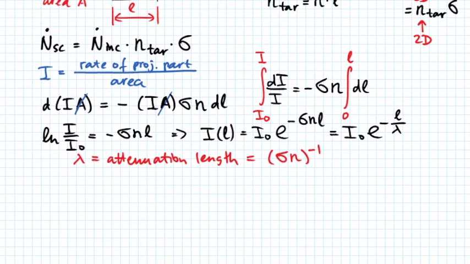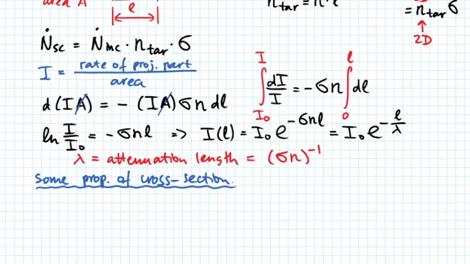Let's mention some additional properties of cross-section. We talked about different reference frames: the center of mass reference frame and the lab reference frame, or the target reference frame. And the question is, how do the cross-sections in the center of mass and in the lab reference frame relate to each other?